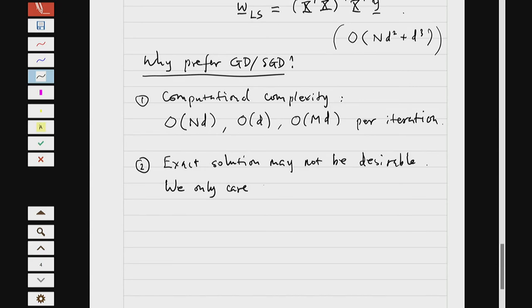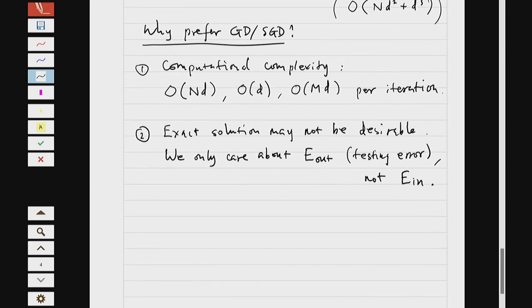We only care about E out, which is the testing error, not E in. E in is just a proxy for E out. We're hoping that they're close, but at the end, we only care about E out. And therefore, in practice, we want to run a few iterations in GD.